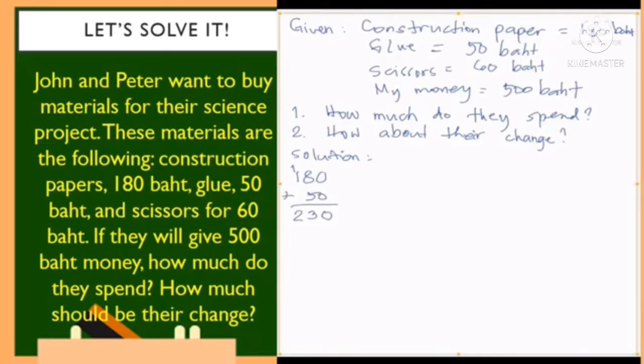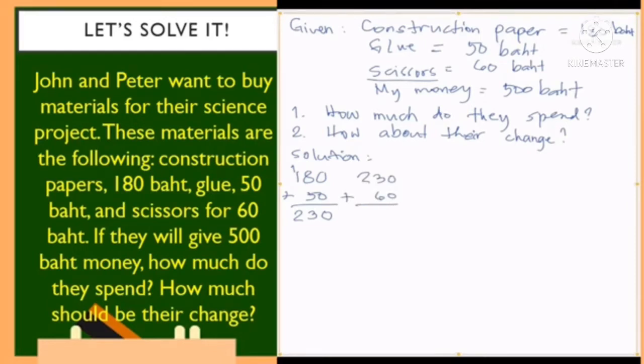Is that the final answer? No, it's because we need to add also the last material, which is the price of the scissors, right? So the next step is we need to copy the sum on this part. So I will just copy 230 here, plus the price of the scissors, which is 60.